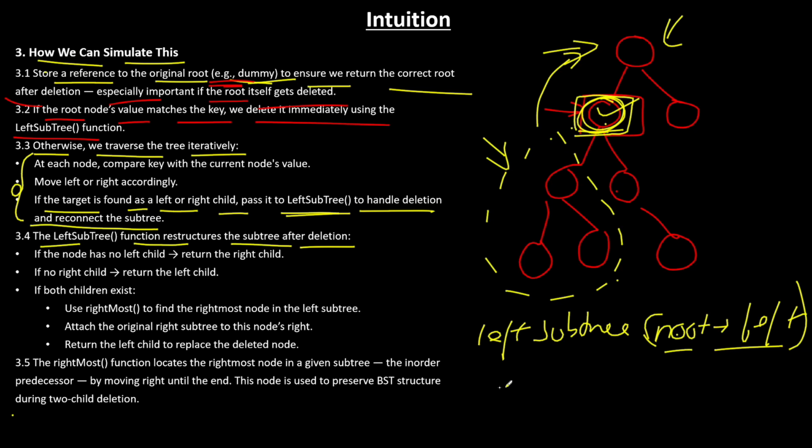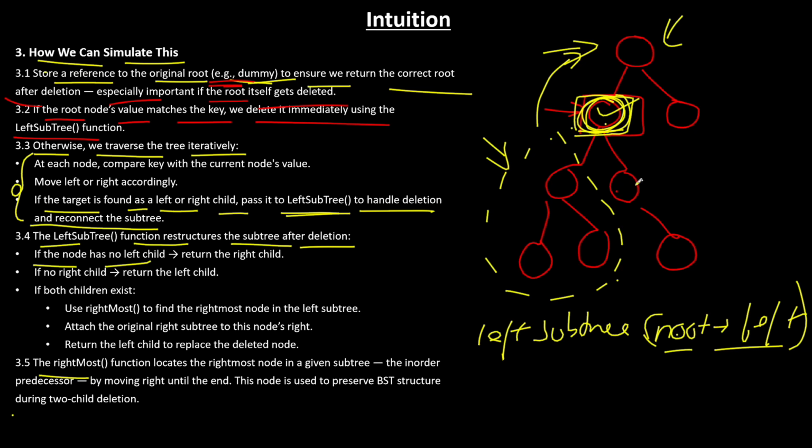Now we will create a function, rightmost. Before coming to the rightmost, we can come here. The node has no left child. Okay, this is the important one. Suppose this is the node to be deleted, and you have saved this node in the left subtree. Now suppose the left subtree of this particular node was none. What will you do?